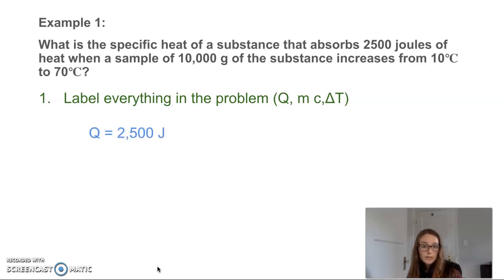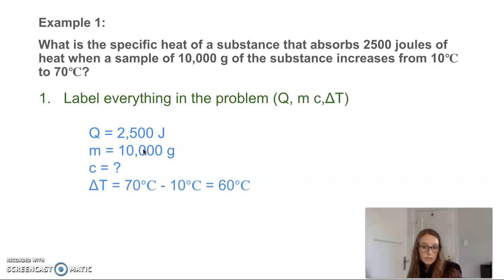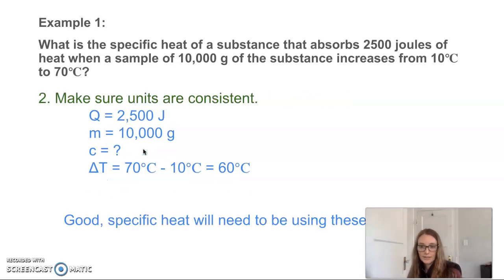Our Q is equal to 2,500 joules because it's absorbing that much heat. Our mass is 10,000 grams because it's that much of the substance. Our C is what we're trying to find because it asks for a specific heat. Then our change in T we have to find. Our TF was 70 degrees Celsius and our TI was 10 degrees Celsius.